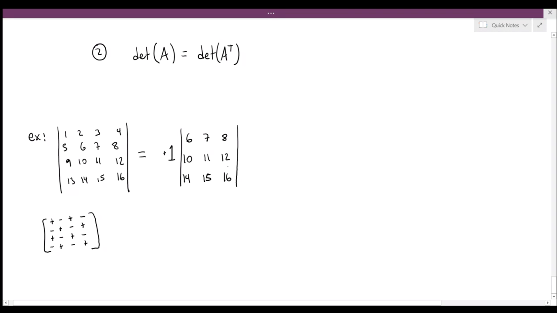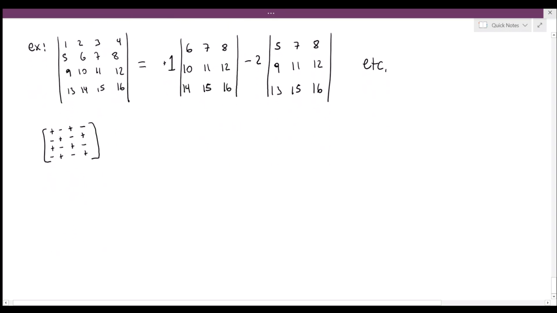Next, I'd have a minus 2. Now cross out the row and the column containing the 2, take the 5, 7, 8, and so forth. And now you need the determinant of this 3x3 matrix, and etc.